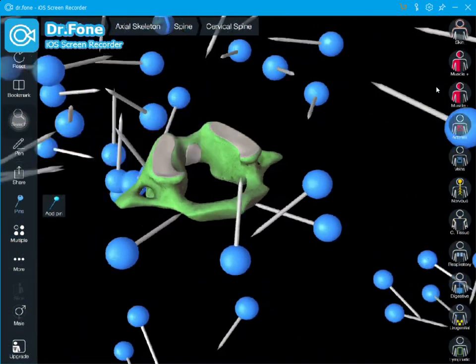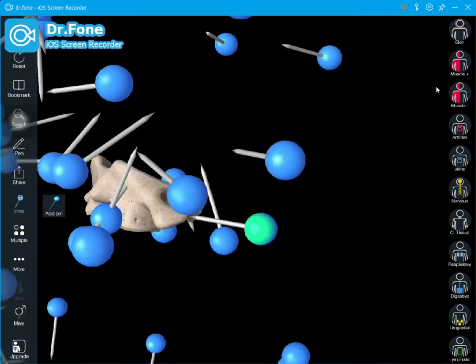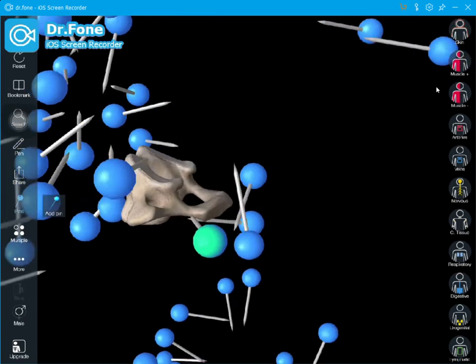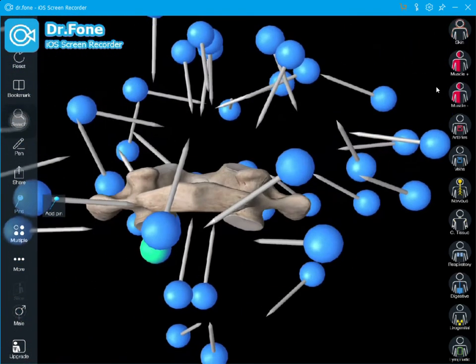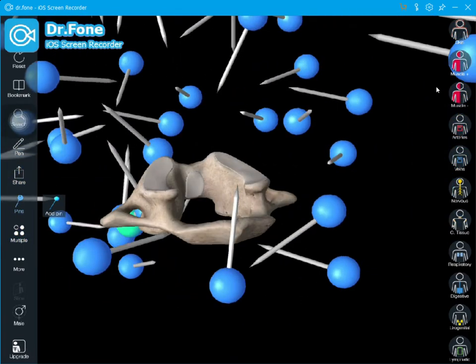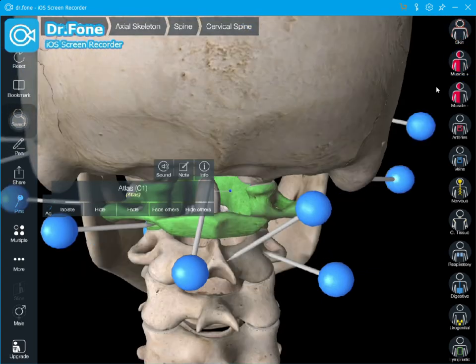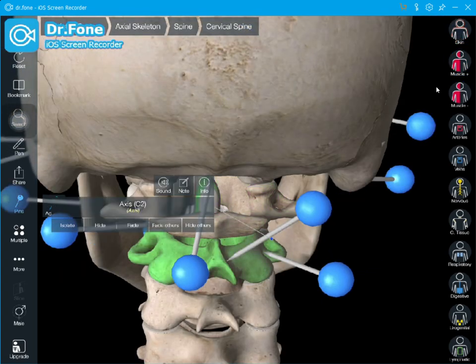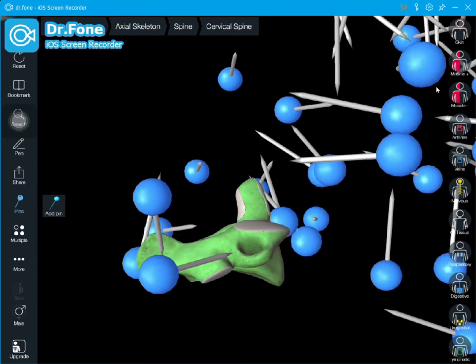So this is obviously an atlas. And this part right over here, that's called the occipital condyle. So that's the part that's articulating with the skull. That's our atlas. Below that is the axis that allows us to rotate our head about 180 degrees.